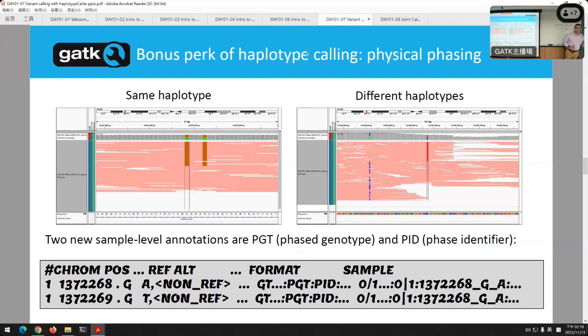Both the copies from your father and your mother are affected here, which means you have two bad copies of the gene. Okay. Whereas on the left, you might only have one bad copy, so you could only be a carrier, right? If it's a recessive. So phasing is very important. So this is called cis on the left and trans on the right.